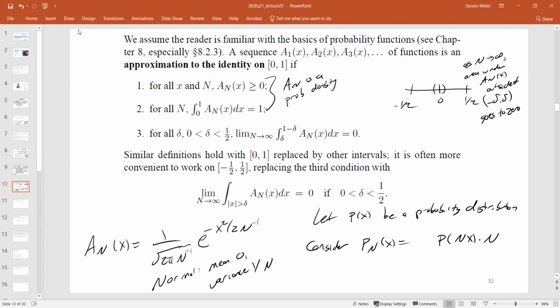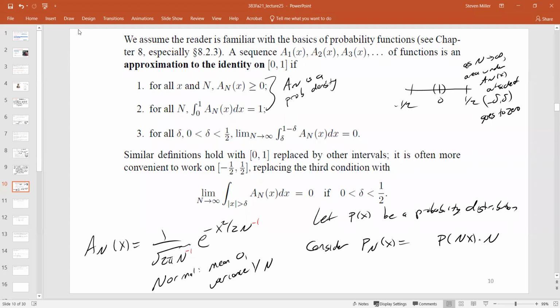So what motion on P_n(x) corresponds to the same motion on P(x)? For P(x), if I start off at x equals 0 and I want to go up to 1, I move x by 1 unit. So if I start off at x equals 0 for P_n(0), how much do I need to move to get to basically P(1)? 1 over n. So you see that you move far less now when we look at P_n(x).